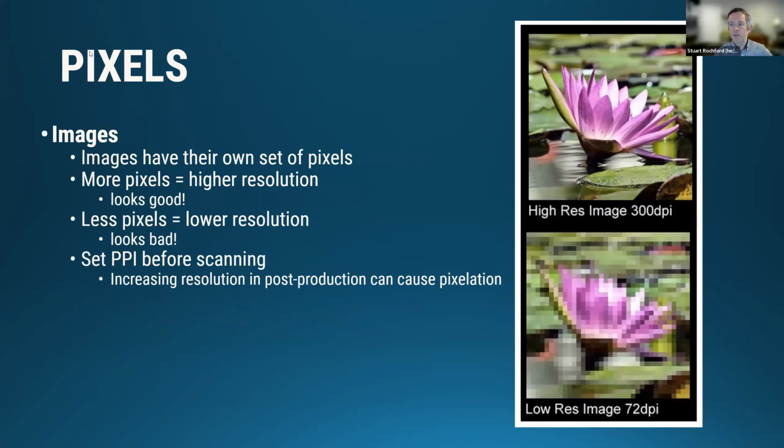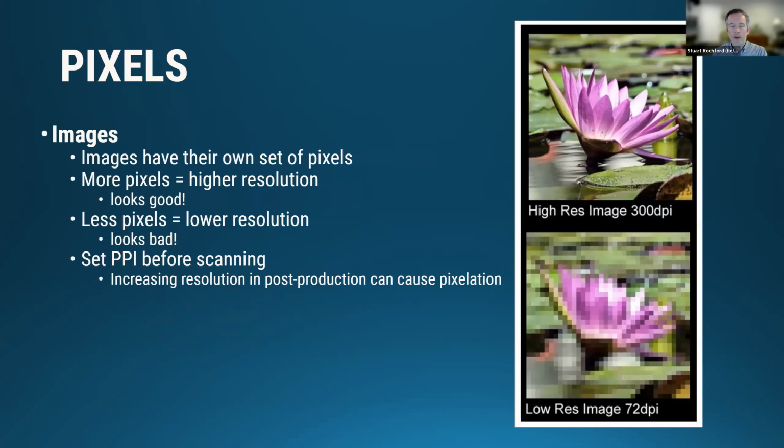All right, quick thing about pixels. Most of you probably already know this, but we have high res and low res images, and I'm sure you have encountered these in your field. The short of it is more pixels equals higher resolution, and fewer pixels typically means lower resolution.